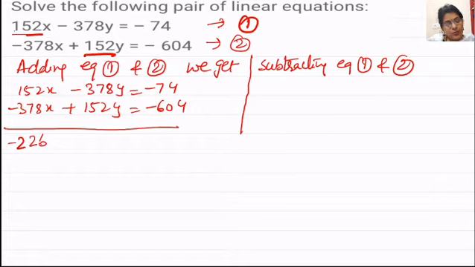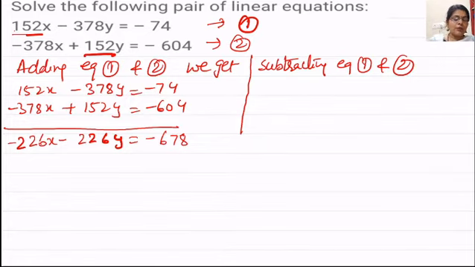So minus 226, and again the same thing we will get, minus 226x minus 226y is equal to, here what do we get? 4 plus 4, minus minus, we will put here sign minus. 4 4 8 7 and 6. When there are two minuses, the sign becomes minus and we add, so we have added here. Now 226 multiplied 3 times, then we will get 678.